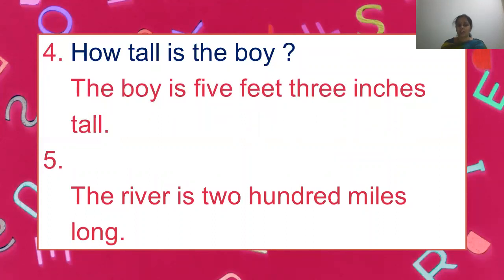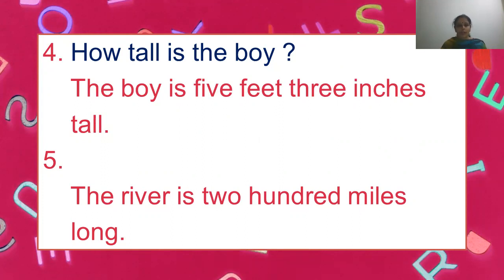The river is 200 miles long. Now again, we are talking about the river. We are describing that the river is 200 miles long. Now what will the question be for this? Can you all tell me that? Yes, think about it and write it down. And then I'll tell you the answer and you can see whether you have got it right.